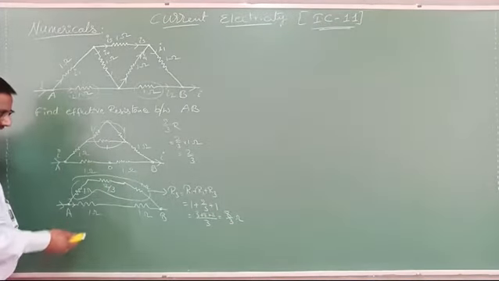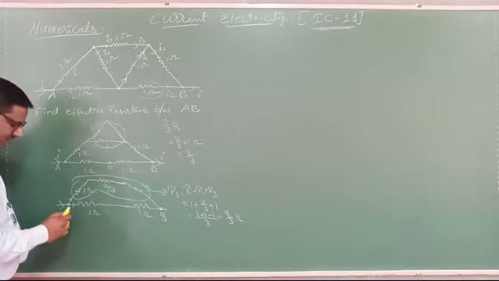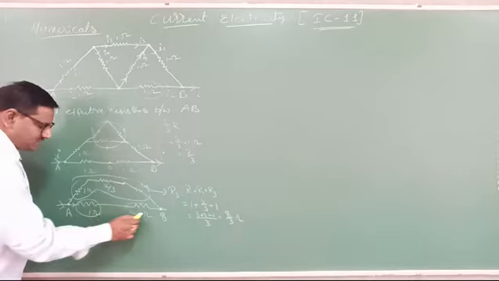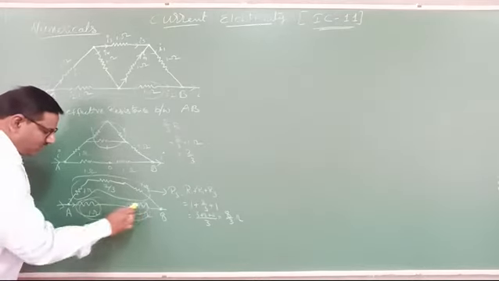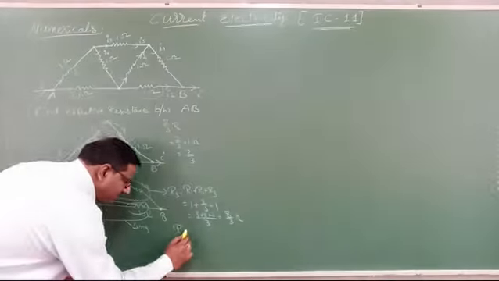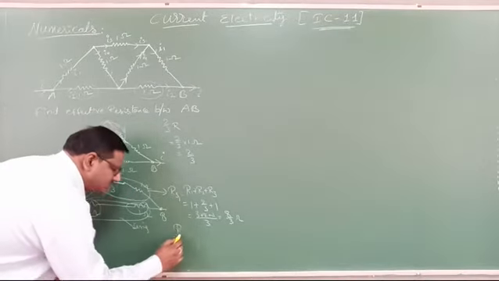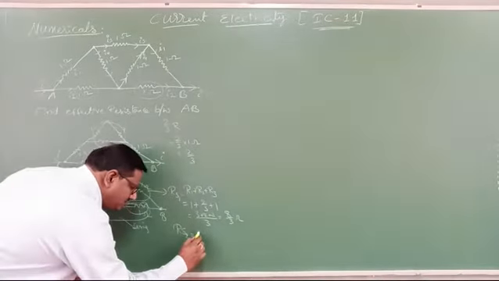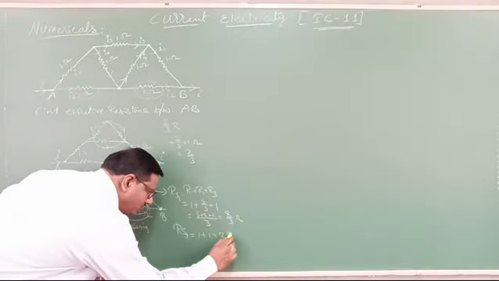Now here both are in series because of the split current. Here and here are the same, so these two are also in series. This series I will treat as RS1 and this one as RS2. So 1 plus 1 is 2 ohms.